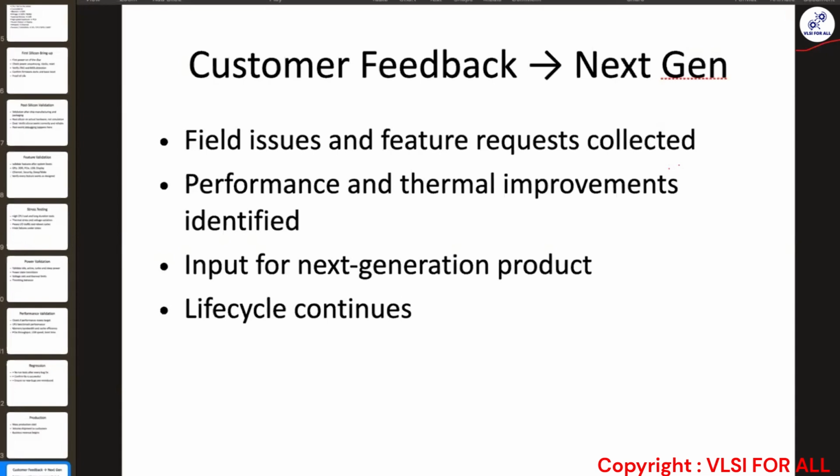So we do have a dependency on the customer here, because as I said, all the debug headers won't be exposed in the customer side systems, right? So sometimes you may have to rely on the customer as well. So you get all the logs, then you analyze it, understand whether it is actually a problem with your component or not.